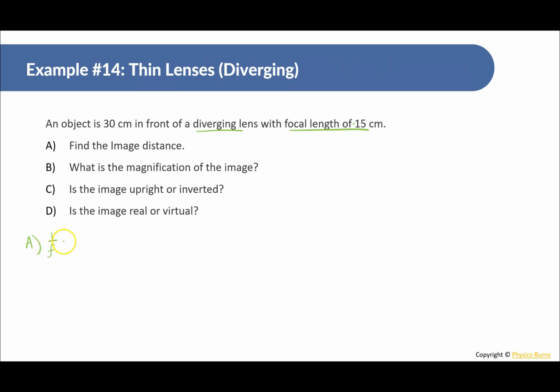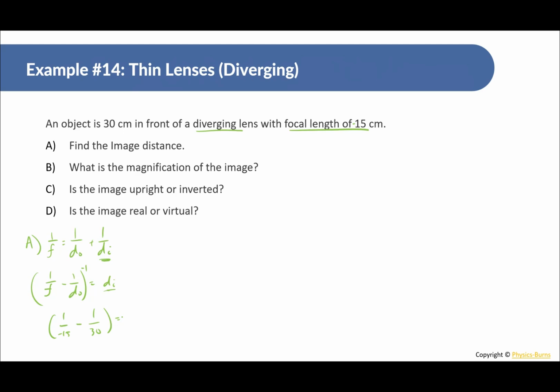Again, the formula is 1 over f is equal to 1 over distance of object plus 1 over distance of image. We're looking for distance of image, so let's do that. 1 over f, bring the distance of object to the other side, so minus 1 over distance of object. And then to find the distance of image, we need to put the inverse of this. So let me plug that in. 1 over f is negative 15. Minus 1 over distance of object, which is 30 centimeters.